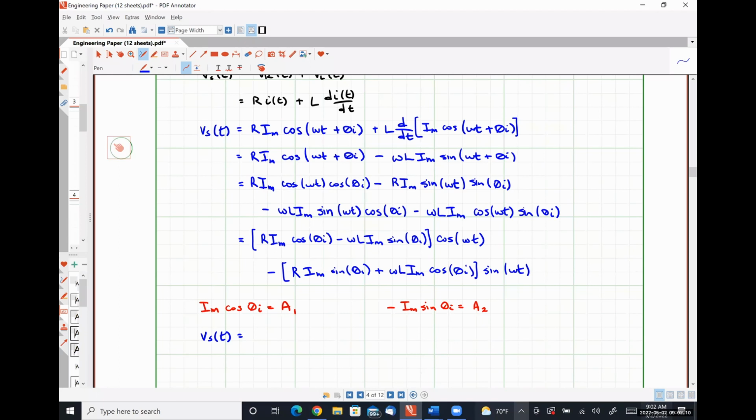So I have R times Im, so that's A1R plus A2 omega L cosine omega t plus A2R minus A1 omega L sine omega t.